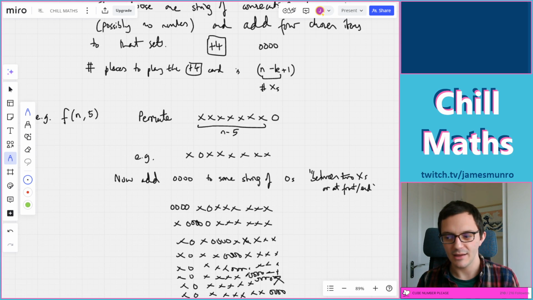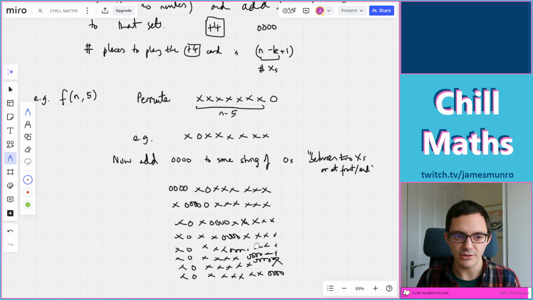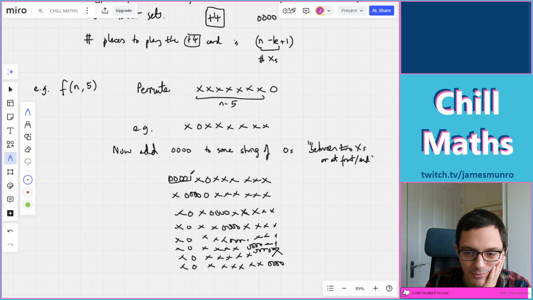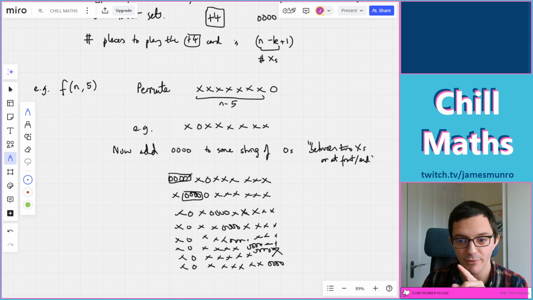But as you do that, you have choices about where to put this 4. It's not, and we had this problem before, it's not every gap in the sequence here, left of the X, right of the X, and then here, or the here and here and here and here. It's not every gap, because putting it before this O and after this O would give the same sequence.